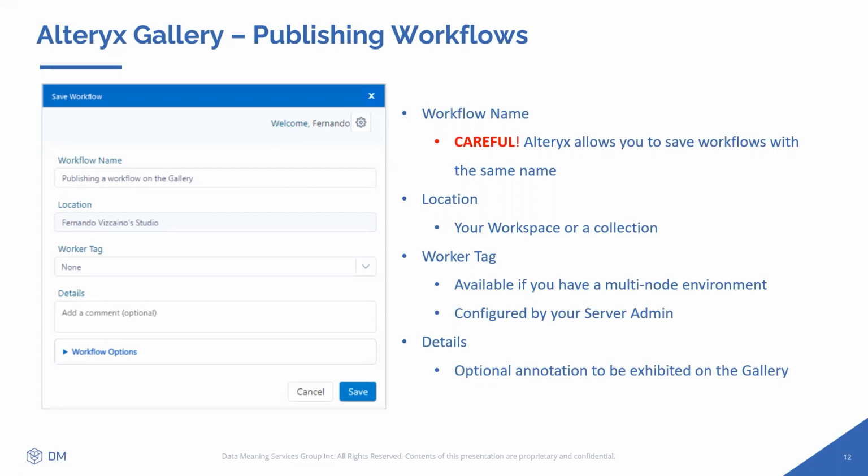Okay, so if you save a different workflow to your gallery and for some reason it has the same name, the workflow will be saved there and it will look like a copy of that same workflow, but it could be a whole different thing there. So that happens because Alteryx, when handling those workflows, actually handles the workflow ID and not the workflow description. Okay, so that's very important when you are creating new versions of the workflows, you need to keep in mind that that's possible, okay?